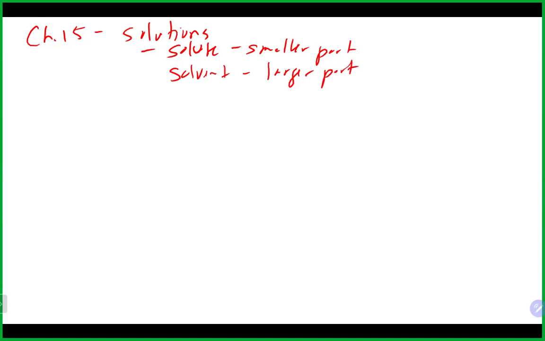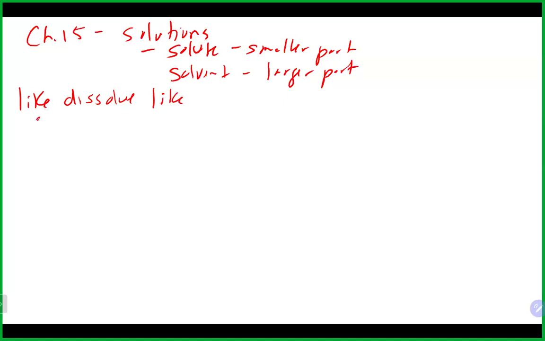Now, we talked about different types of solutions and the idea of like dissolves like. And remember, the idea here in terms of solubility is that things will be soluble in things that really behave the same way that they behave with themselves.